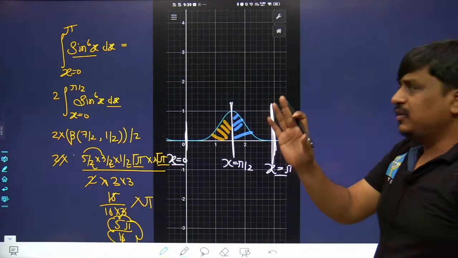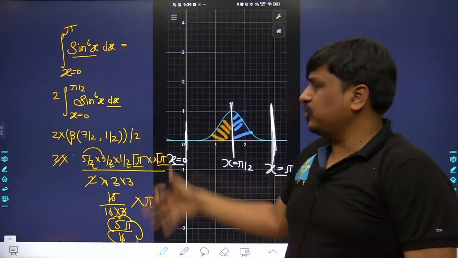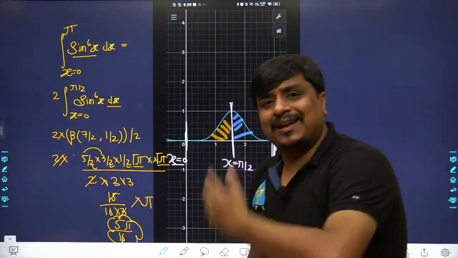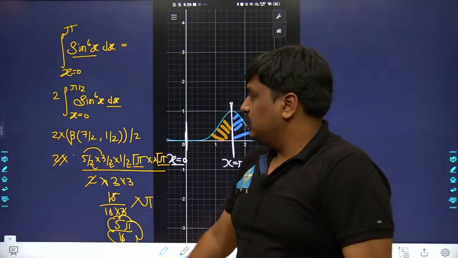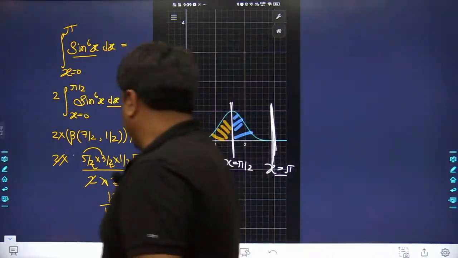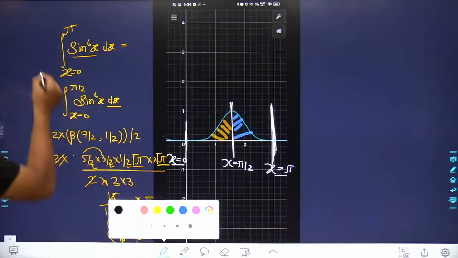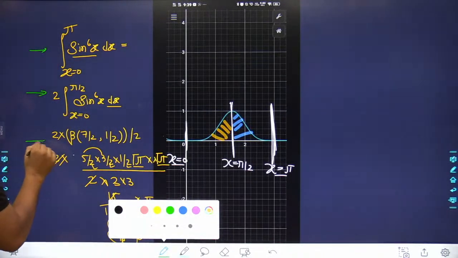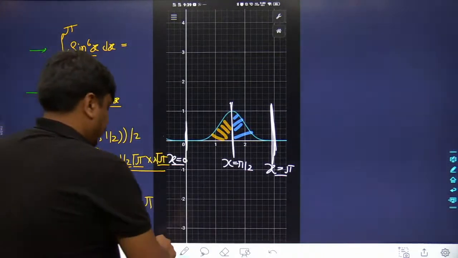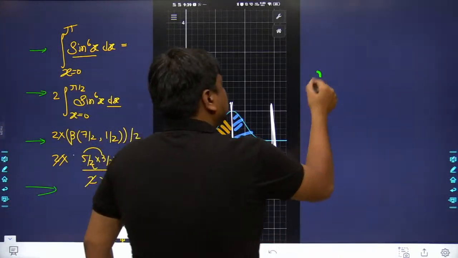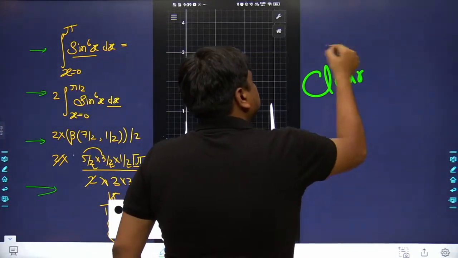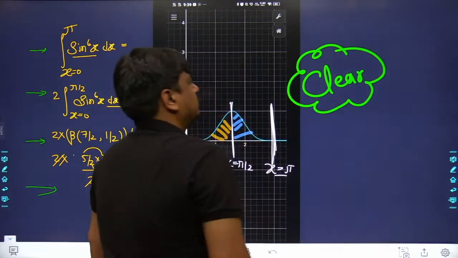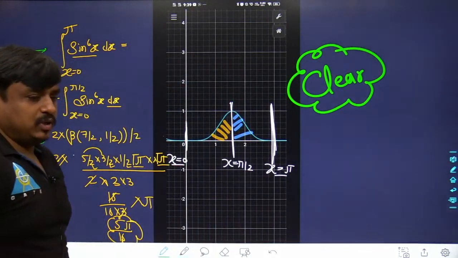The student who has done 2 or 3 problems based on this process is probably going to just kick that problem away. Agreed? If this concept is clear, just write clear over the live chat, so I'll have a better understanding that you people are able to understand the concept in the proper form.